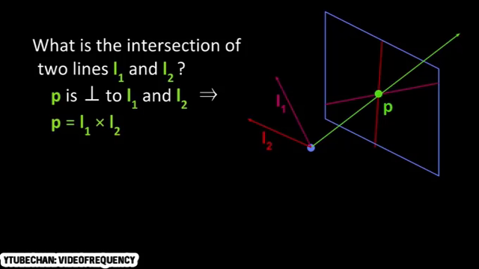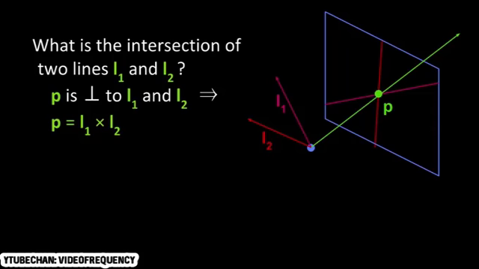Okay, well, just a little bit of thinking here, and you realize if the point P is perpendicular to L1, and point P is perpendicular to L2, then I need a point whose ray is perpendicular to L1 and L2. All right? Well, that's easy. So just as we had before, in order to find the line that spans the 2 points, we took their cross product to find the line.